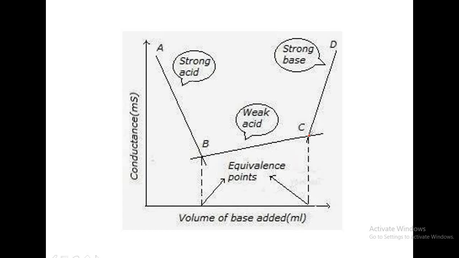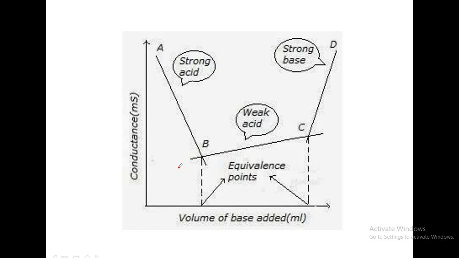So we say that at this point both the acids are neutralized, and beyond this point you don't have any acid in the beaker, beyond this second equivalence point. Now if you add NaOH, conductance steeply increases, and this is all due to the highly mobile OH minus ions of the base.